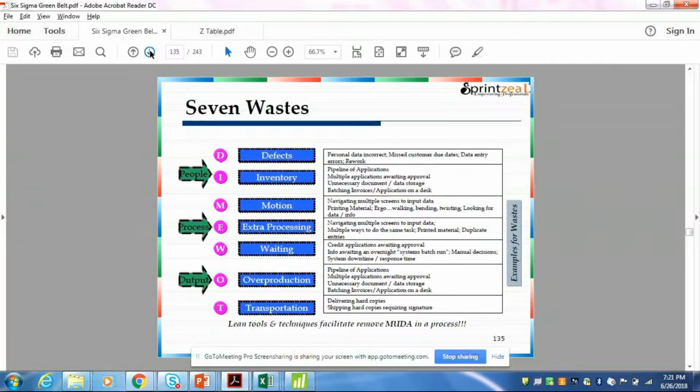Then another type of waste is inventory. Inventory is the excess production that you have done. If I am a manufacturing hub, suppose I am manufacturing boxes, and I manufacture about 50,000 boxes in a month, and I am only able to sell, say, 35,000, I would have an excess inventory of 15,000 boxes.